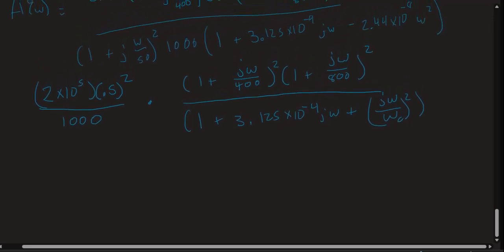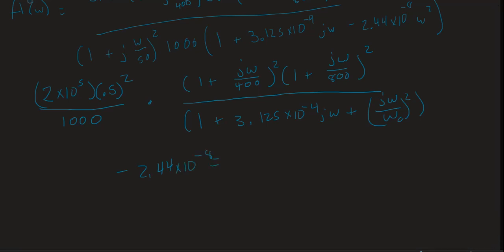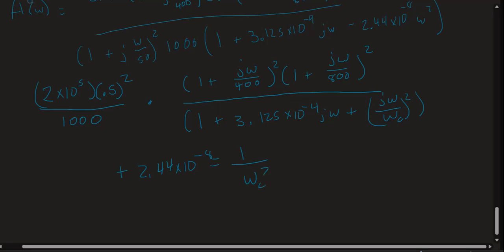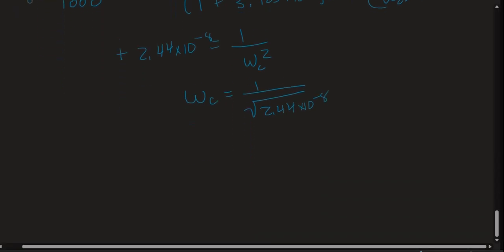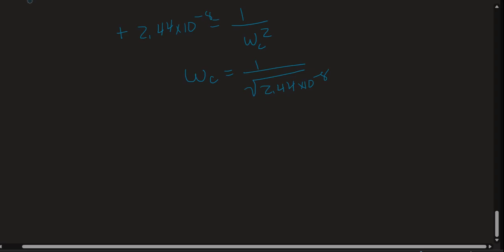So I know that plus 2.44 times 10 to the negative 8 has to equal 1 over omega c squared. So omega c has to equal 1 over the square root of 2.44 times 10 to the negative 8. And somebody is going to be so kind as to tell me what that is.